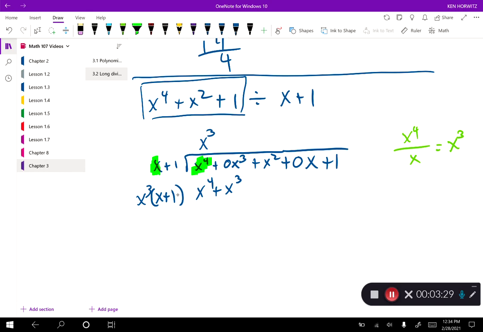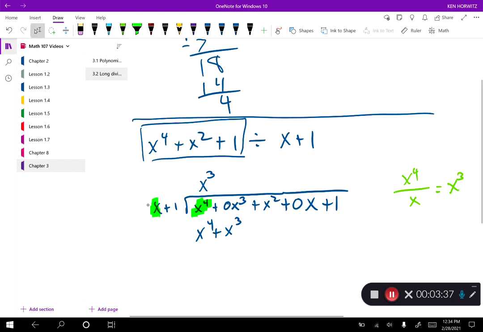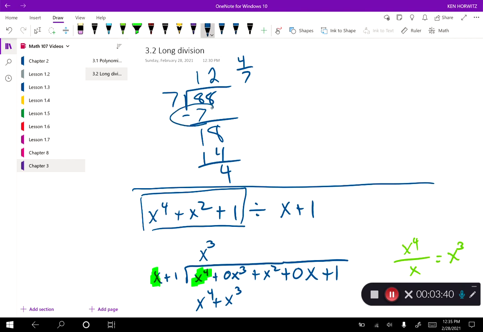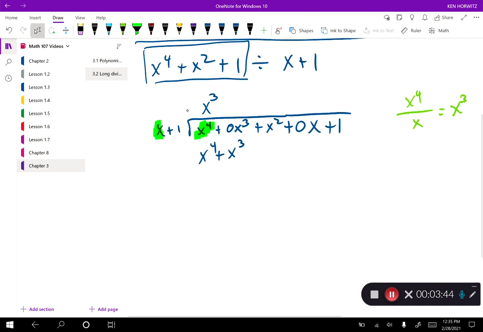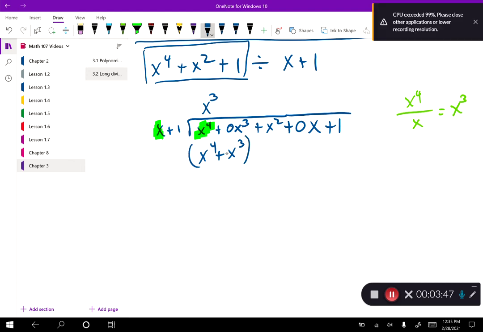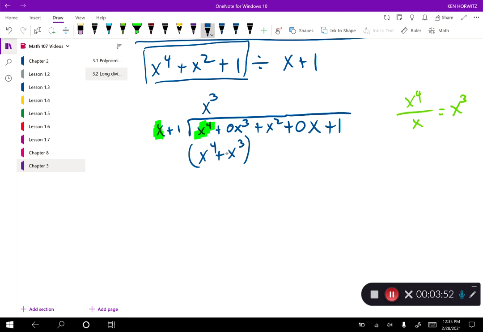Now I'm going to take this away because I just need the space. This is a single term, but this one is split up, so we have to put parentheses around it to make sure that we are distributing our negative, and we're going to subtract.